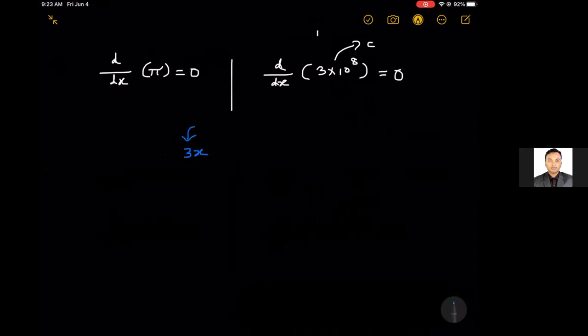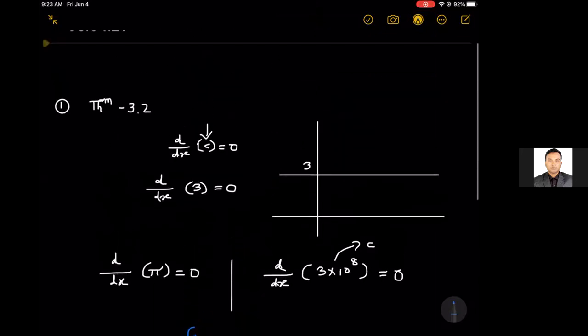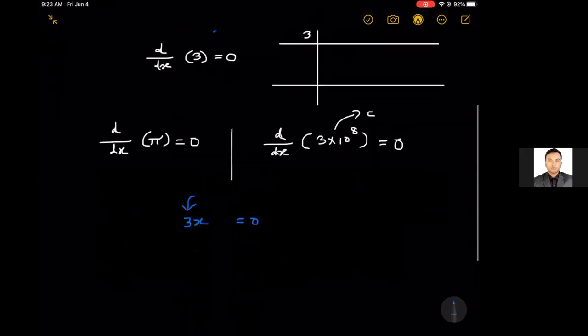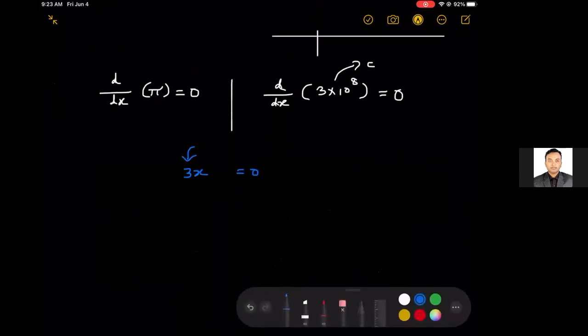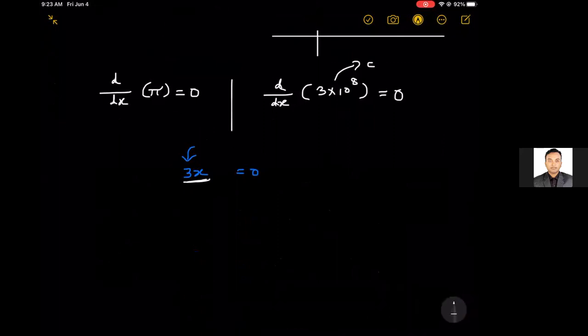I've seen students straight away writing a 0 when they start using these theorems. As I said, I'm repeating again, the constant has to be a solo one. It can't be assigned to anything. It can't be the coefficient of any other variables like this.